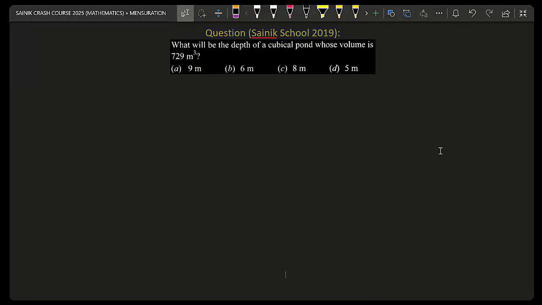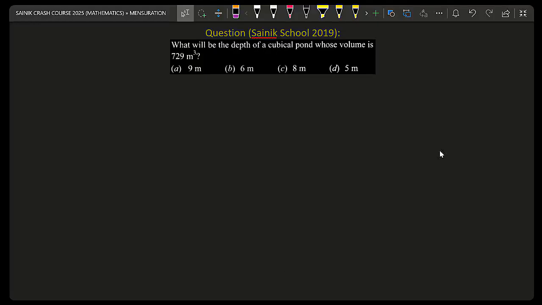What will be the depth of a cubical pond whose volume is 729 meter cube?